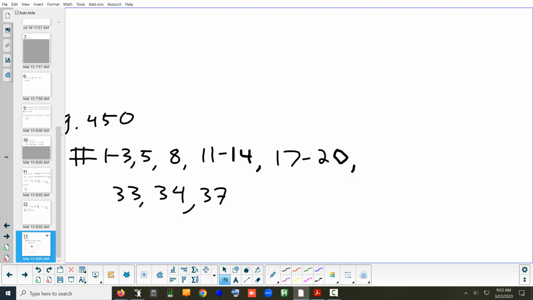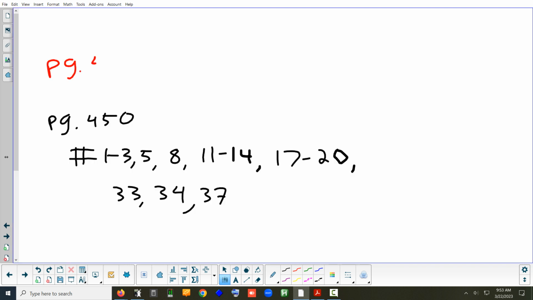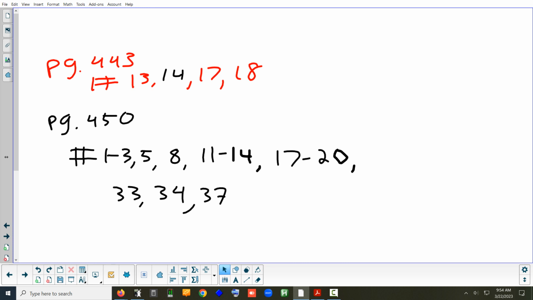The first part is going to be page 443. And the second part, 1, 2, and 3, that's a review of complex arithmetic, like conjugates, so we did that. 5 is okay. 8 is okay.